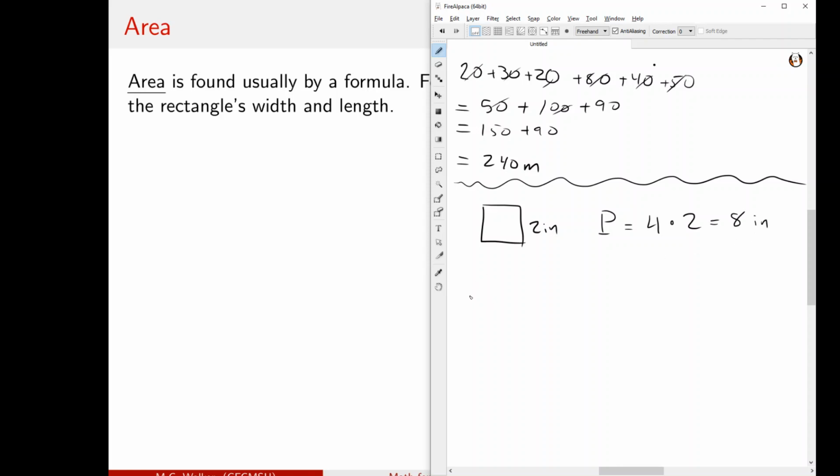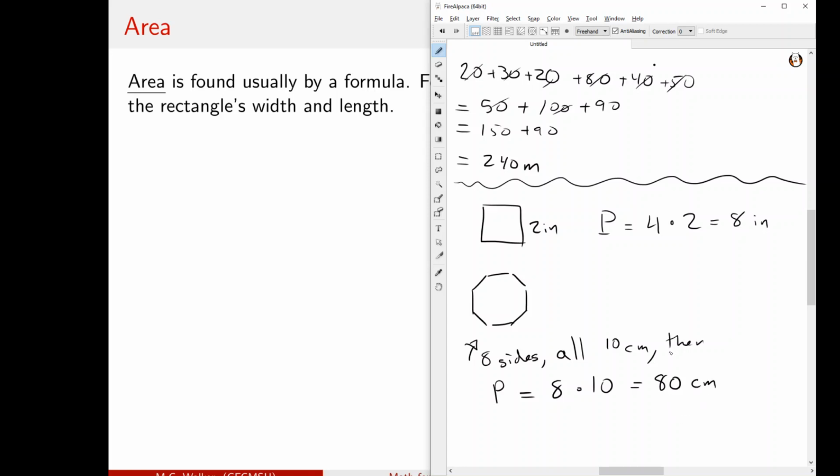If I have something that's got more sides, say 8 sides, and they're all 10 centimeters, then the perimeter is 8 times 10, 80 centimeters. And this is regular.